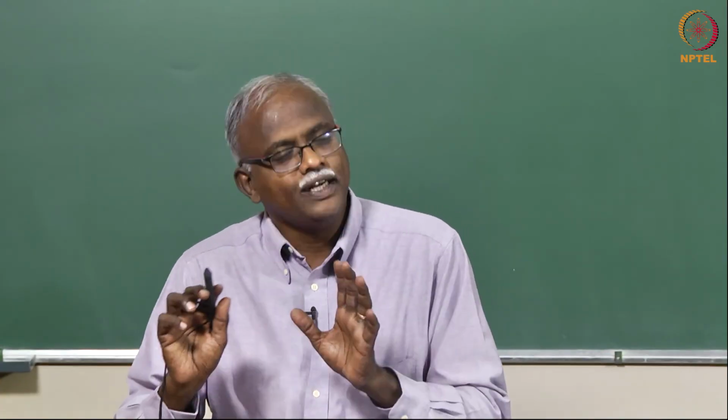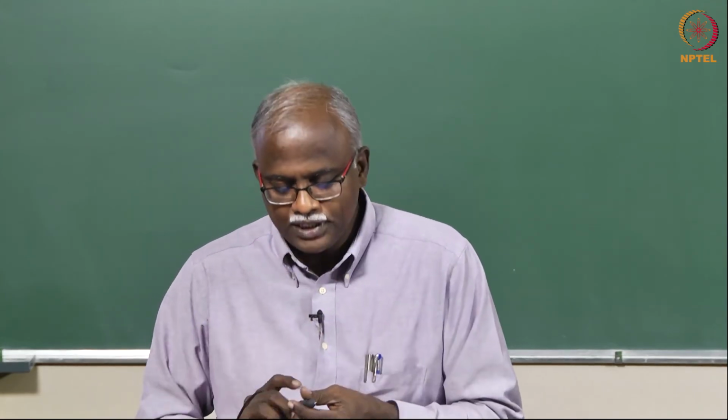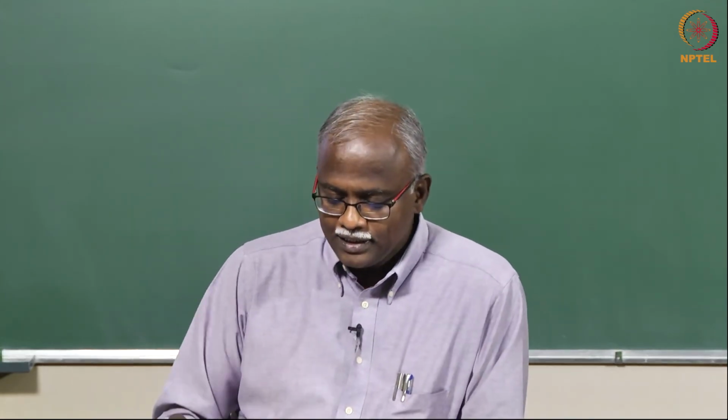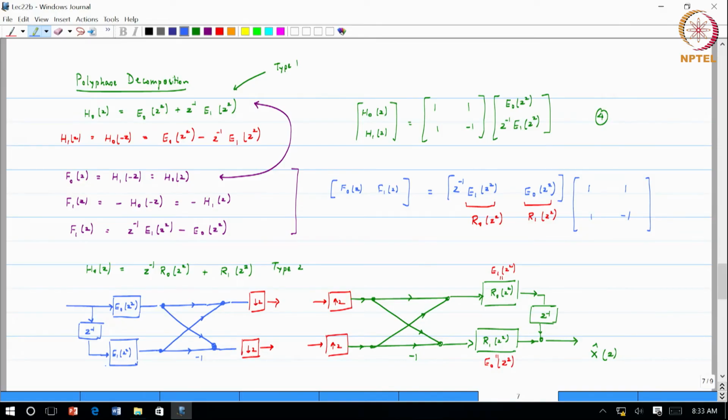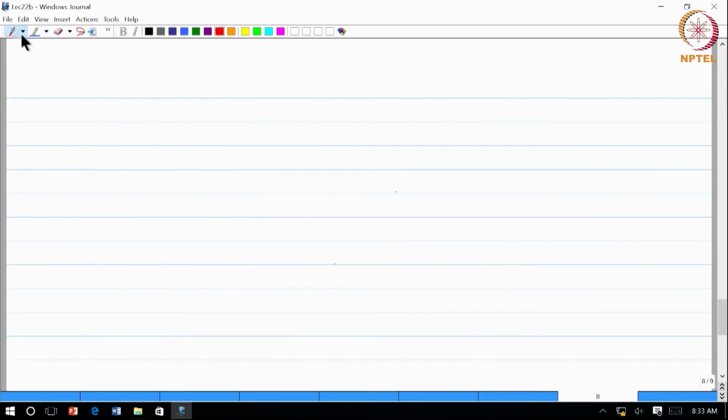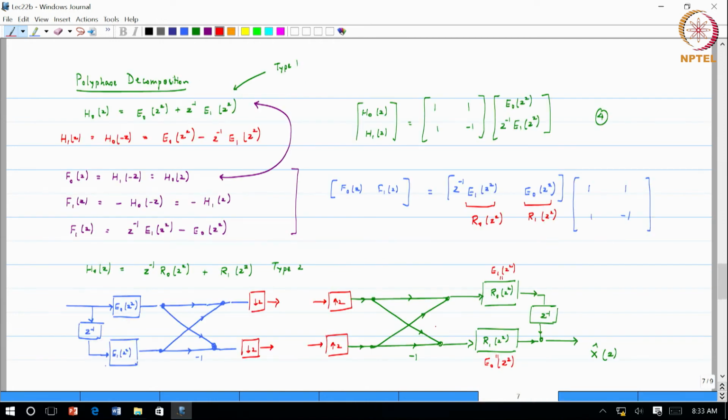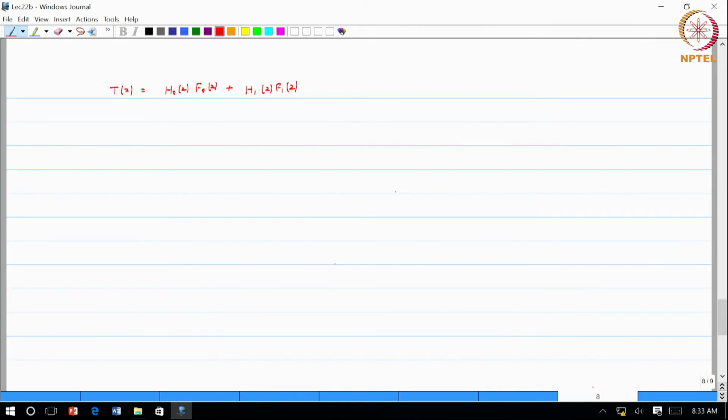So, let me go back to our original equation, which said that T of Z is equal to H0 of Z F0 of Z plus H1 of Z F1 of Z. We are guaranteed that aliasing is cancelled here, right? So, why worry about this downsampling, upsampling? I want to work with the non-multirate framework, where T of Z is this.